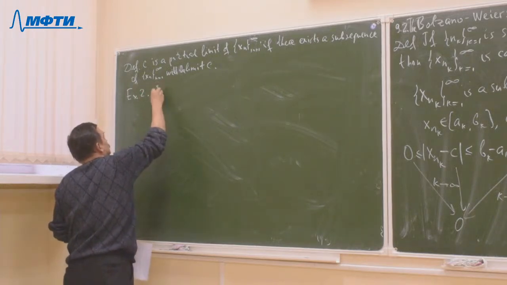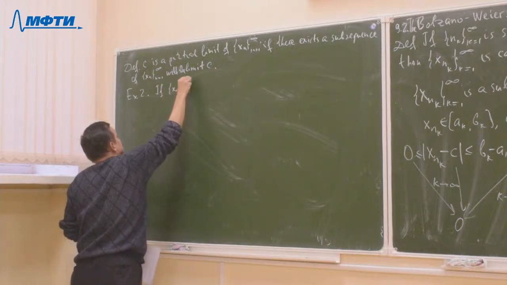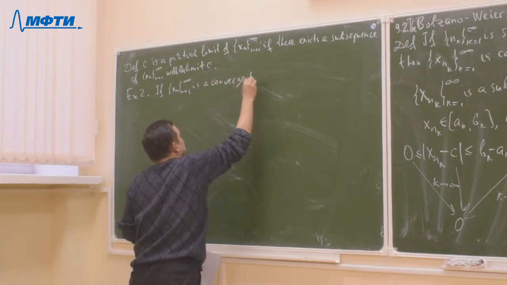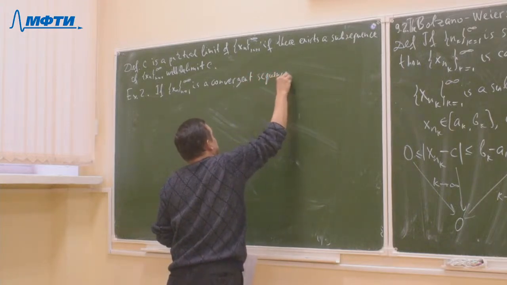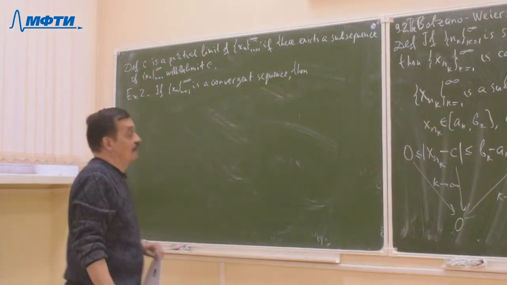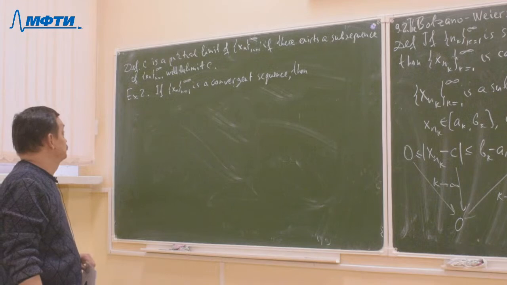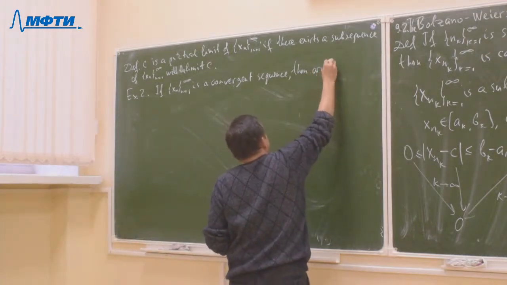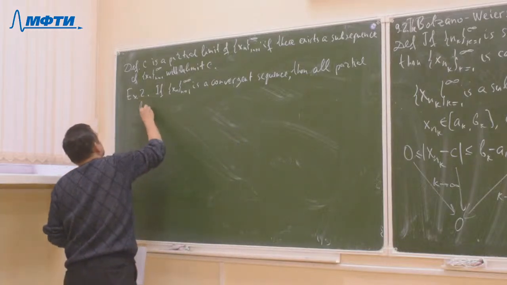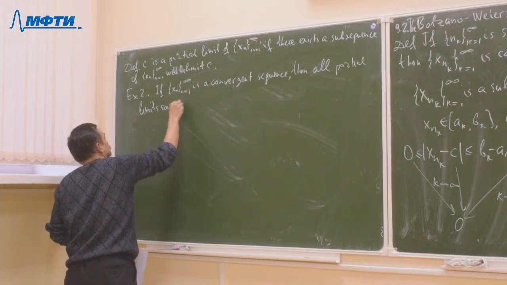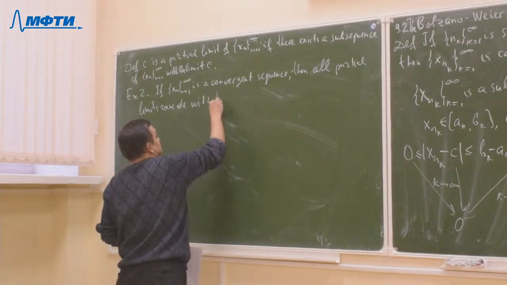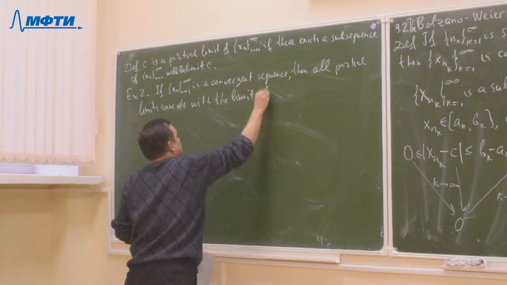If xn is a convergent sequence, then all partial limits coincide with C, the limit of xn.